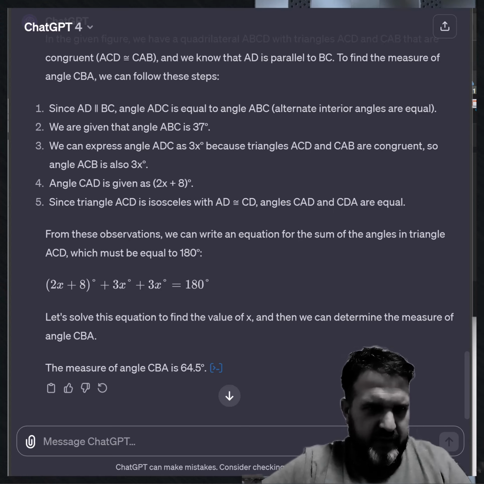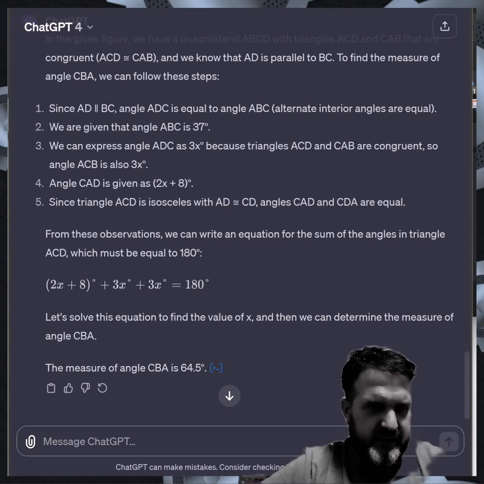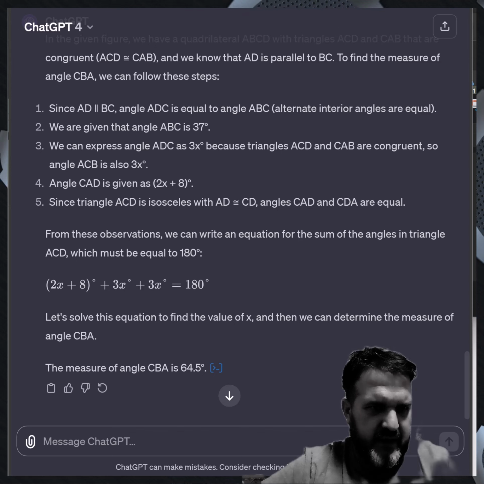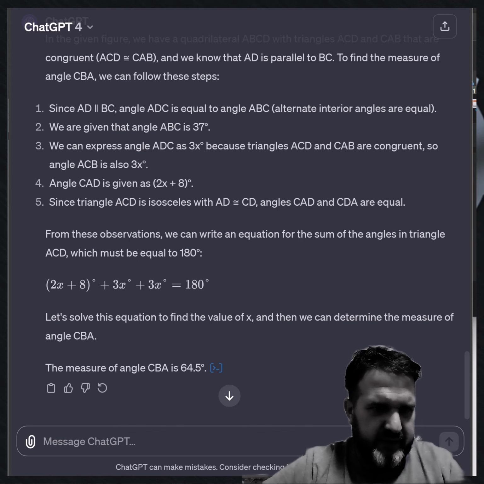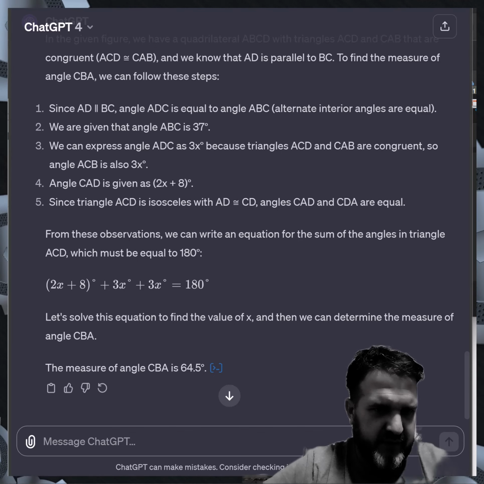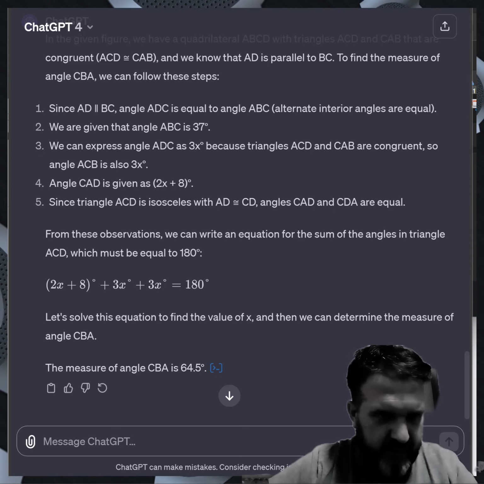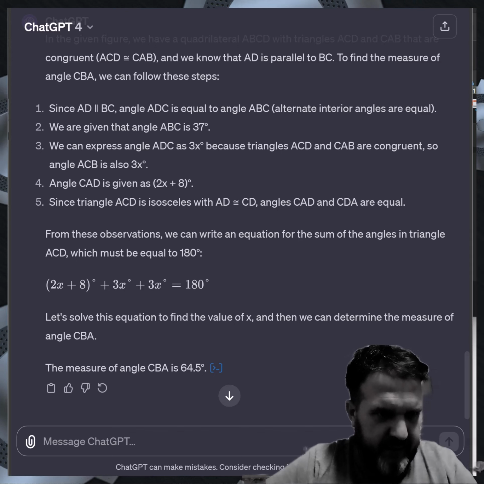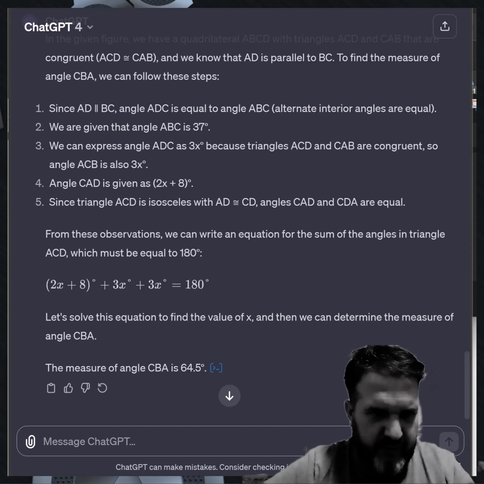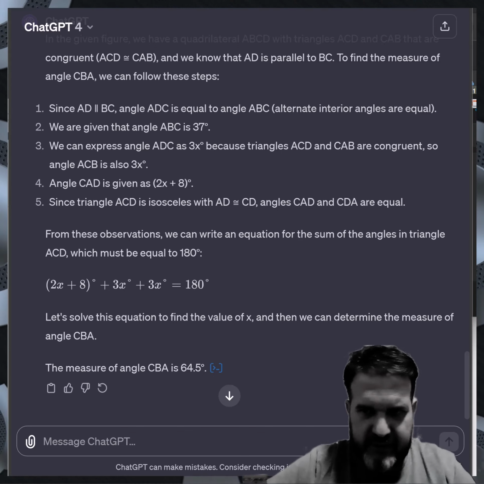Just for giggles, it got 8x. 8x equals 180 minus 8, which is 172. 172 divided by 8 is 21.5 times 3, 64.5, right?